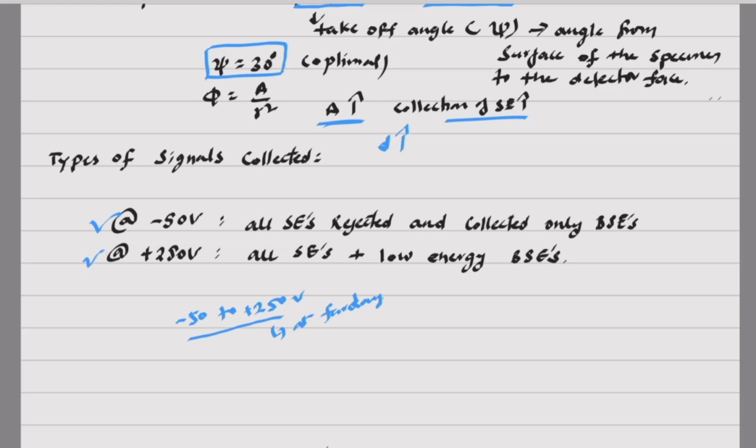But when we apply plus 250 volts, all the secondary electrons are attracted towards the detector and then accelerated towards the scintillator. Here, along with the secondary electrons, low energy BSE can also be detected.